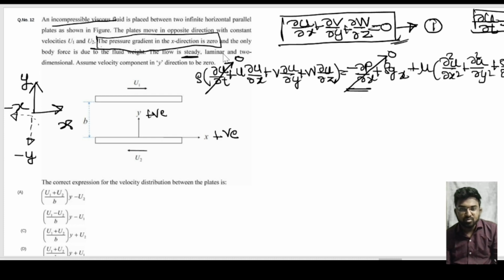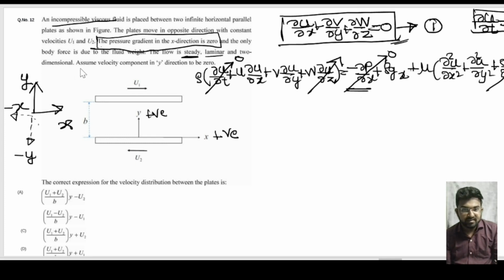Next I will come to laminar. Laminar flow is okay, and two dimensional. Two dimensional flow means you have to cancel this term. Understood? Since it is two dimensional, if it were one dimensional, then you would have to cancel this also. I hope you understood this.